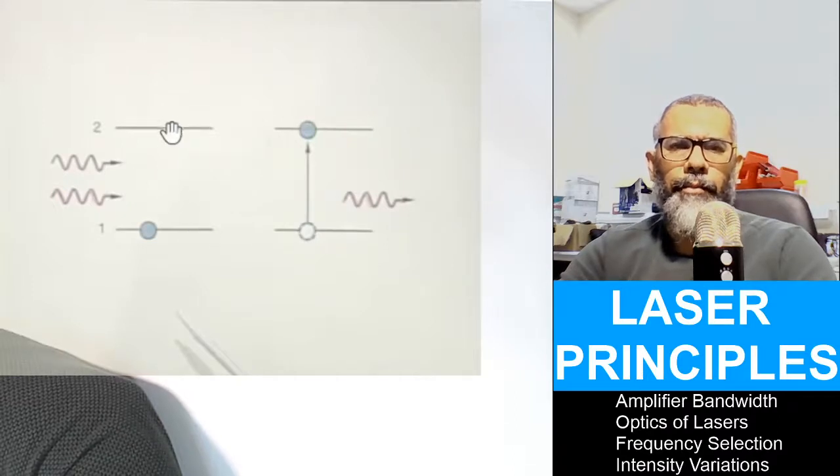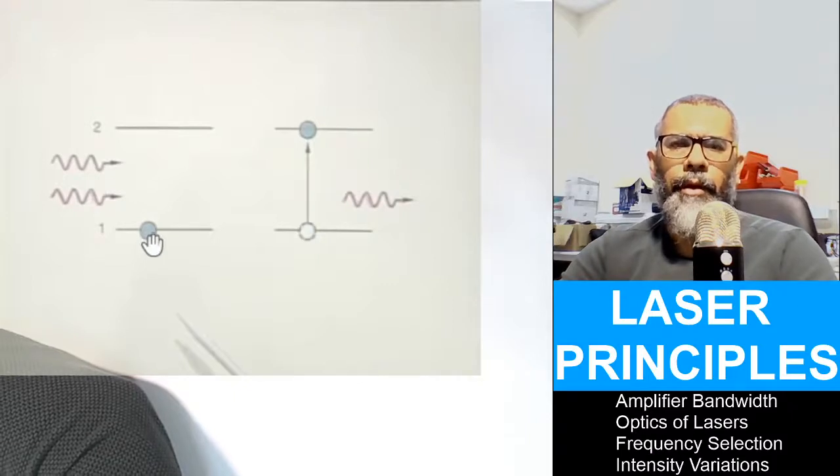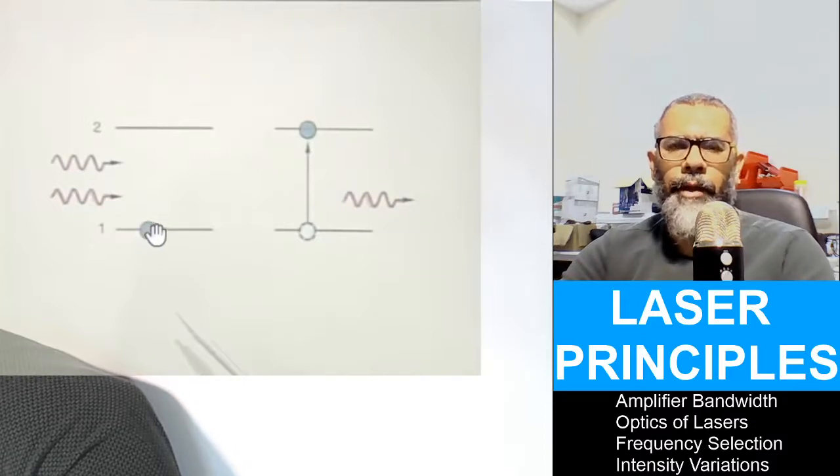In the atom, you see these levels labeled 1 and 2, and this circular object which represents the electron. These 1 and 2 represent the energy levels of the electron in the atom. What you see over here is that the electron is at the first level, which we usually call the ground level, or the ground state.